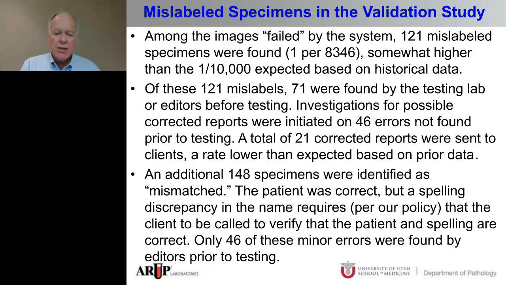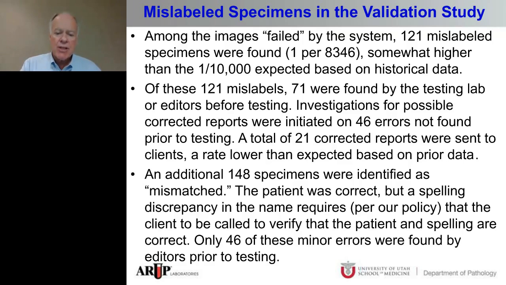It's the same patient. The medical record numbers, the date of birth, collection date and time, all of the other parameters match. It's just that spelling error. If all of those other parameters match, we continue on with testing. But if those other parameters don't match, our policies are to call the client and verify the patient spelling and make sure what we report is the correct spelling.